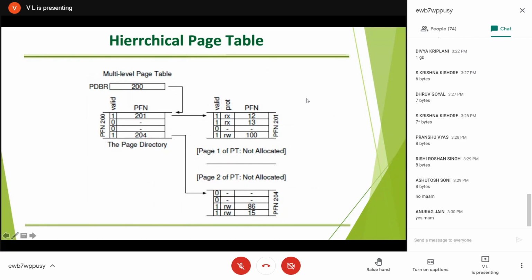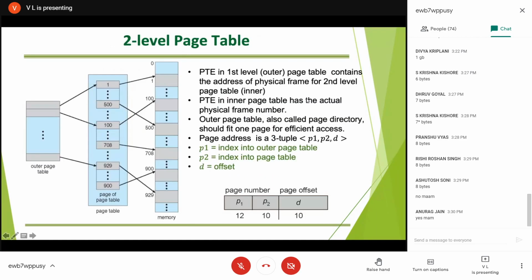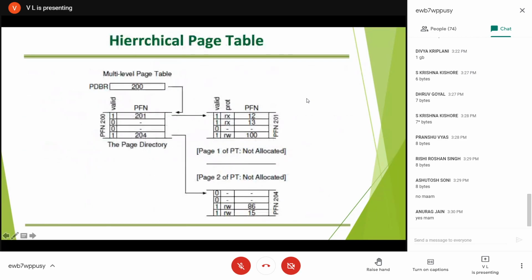And the second level page table is actually carrying the entries. So generally people also call them outer page table and inner page table. The outer page table is carrying pointers to the inner page table, which is carrying the actual entries.